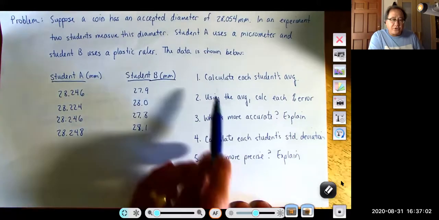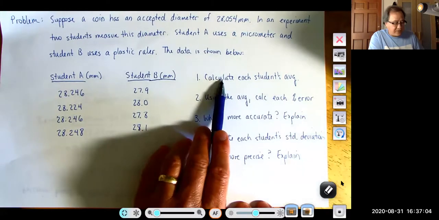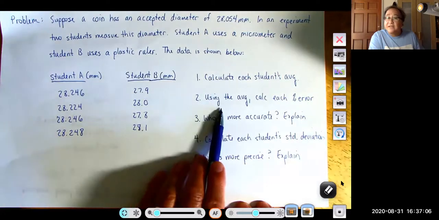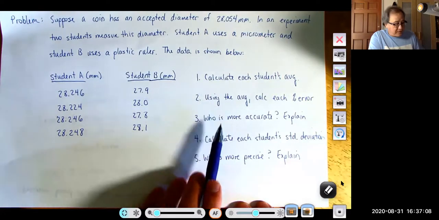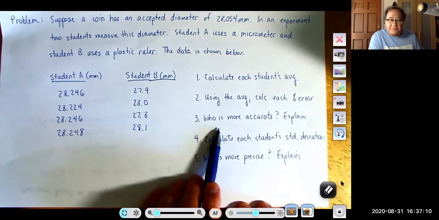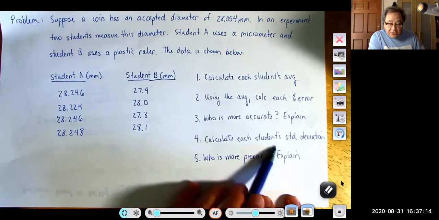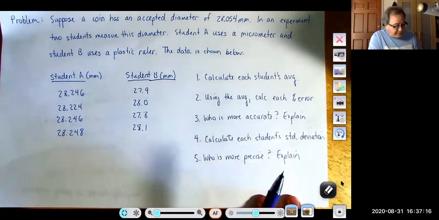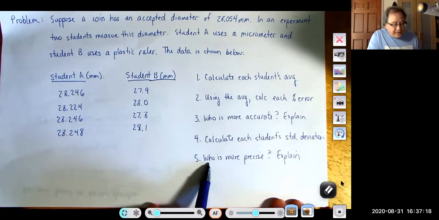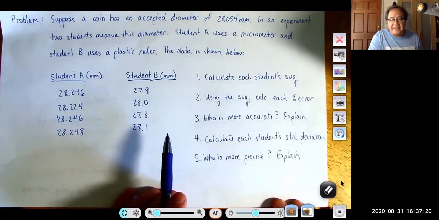We are supposed to calculate the student's average, use the average to calculate the percent error, decide who is more accurate and explain, calculate each student's standard deviation, which is the real way to measure precision, and determine who is more precise and explain.